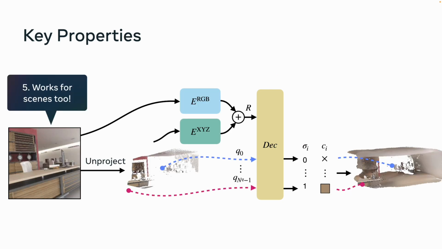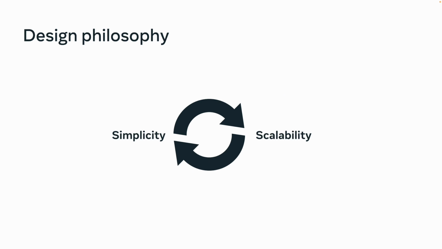Finally, since MCC makes no assumption on the data, it naturally works not only on objects, but also on scenes as well. Given an input image of a scene, it completes the missing parts, such as the furniture, floors, walls, and so on, reasonably. Overall, our design philosophy is centered around simplicity and scalability. MCC's simplicity makes it easy to scale, and the scalability makes even a simple and flexible design very powerful.